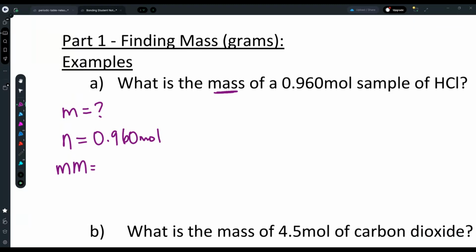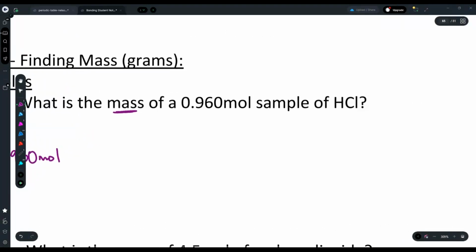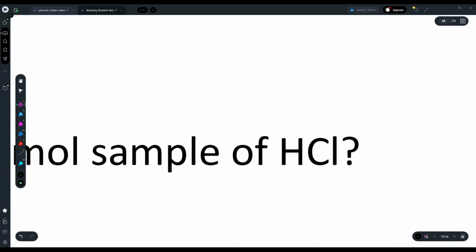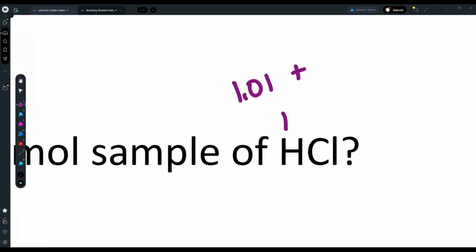Okay, so for molar mass, because there's limited space here, I'm not going to be able to do the chart. But we have our molar mass for hydrogen is 1.01. There's only one of them. So 1.01 times 1 is still 1.01. And then the molar mass for chlorine is going to be 35.45.